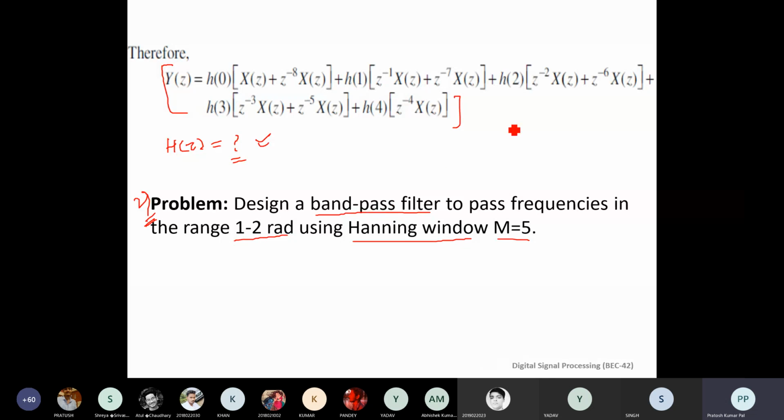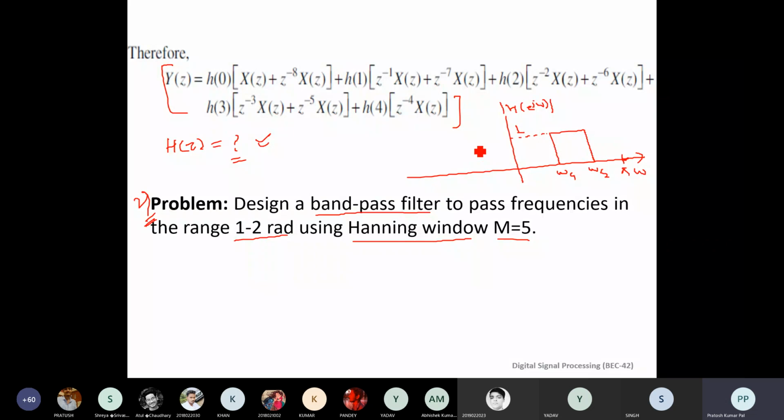If a band pass filter is there, then its specification will be like this: this is omega and this is the magnitude response. If it is band pass, a particular band of frequency will pass, otherwise it will be 0. Suppose this is omega c1, cutoff frequency 1, and this is omega c2. For omega c1 to omega c2 it will pass the signal, that means it will have a magnitude of 1, otherwise 0, and this will be pi.